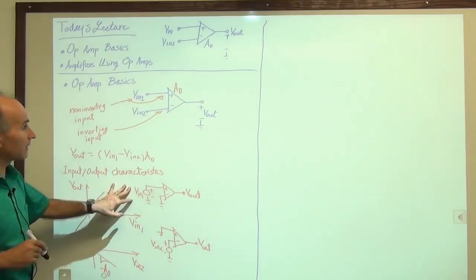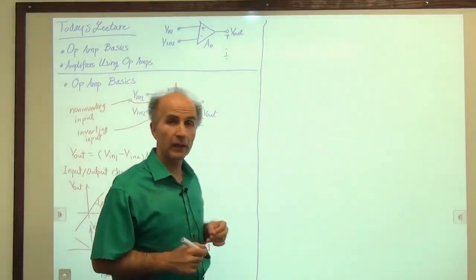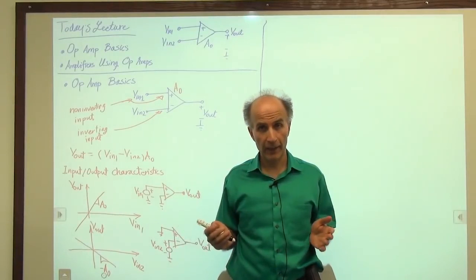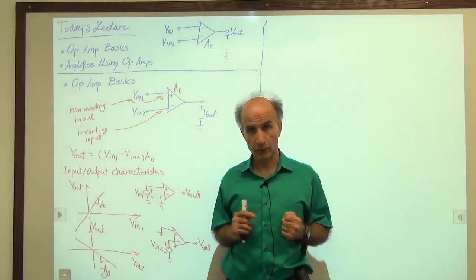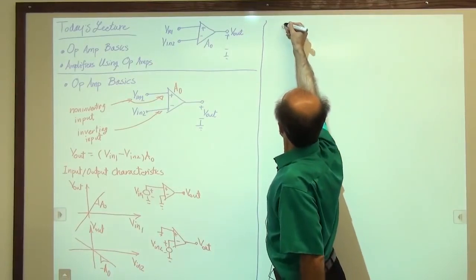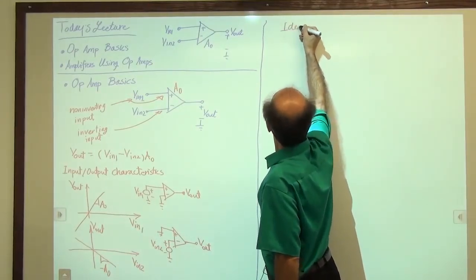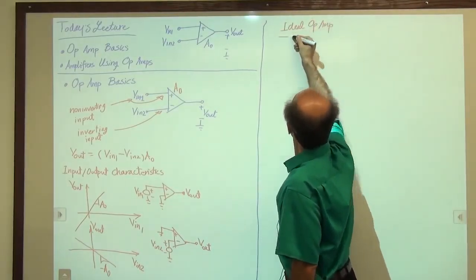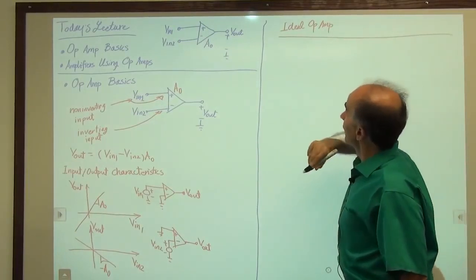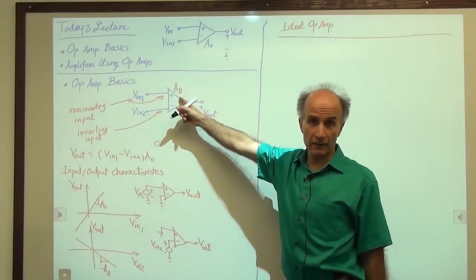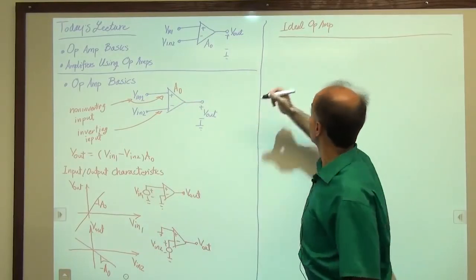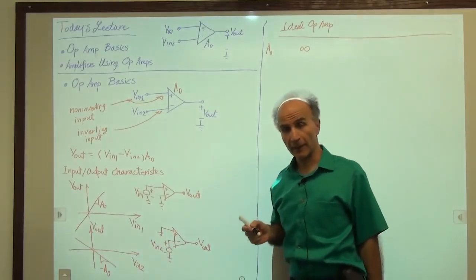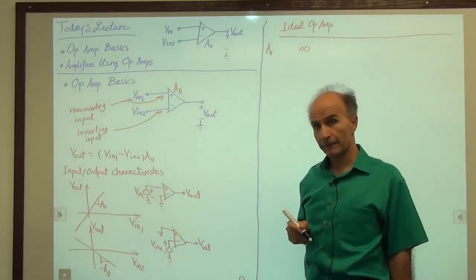All right, so based on these, now we can go ahead and define what we mean by an ideal op-amp. If you could have an ideal op-amp, what characteristics would you look for? So I will write ideal op-amp here. And I would like to have a very high gain. So A0 would be infinite, right? So we say A0 should be infinite if we could build an ideal op-amp. Okay, what else?